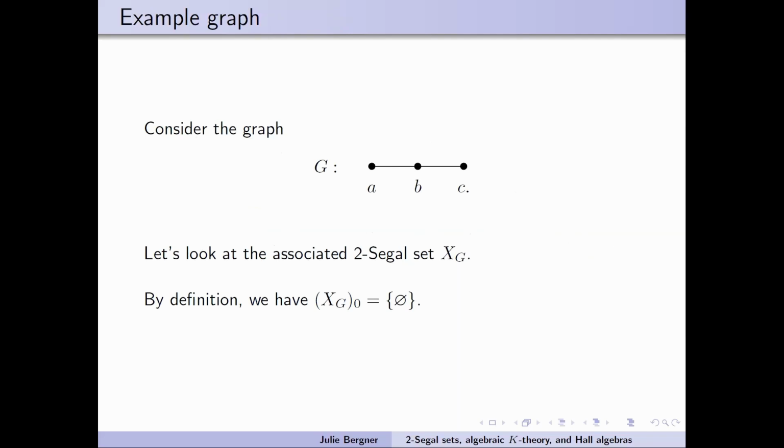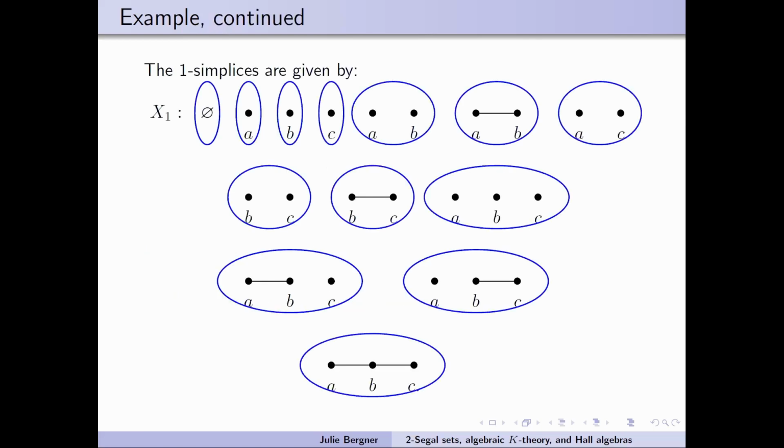Let's look at this very small example of a graph. We just have three vertices and two edges, and we're going to look at the associated 2-Segal set. By definition, we have a single zero simplex given by the empty subgraph. And then these are all the one-simplices, so these are all the subgraphs.